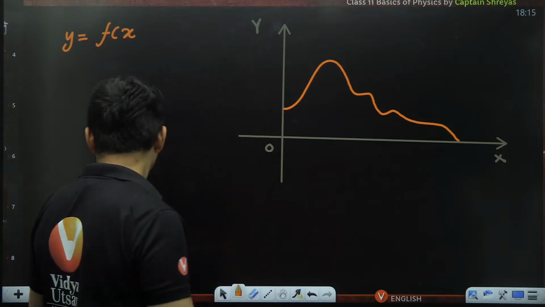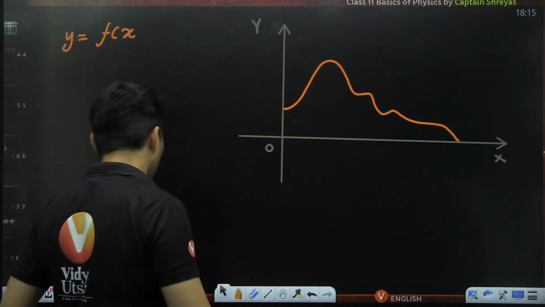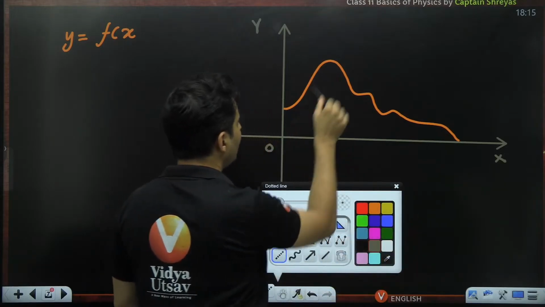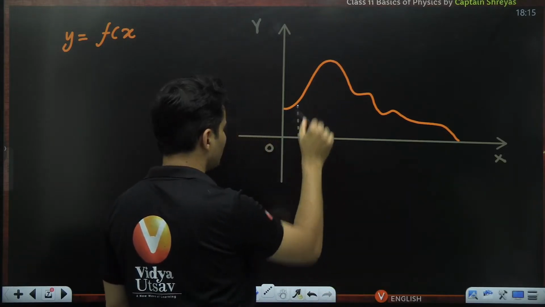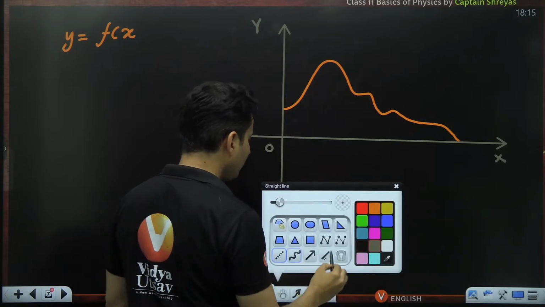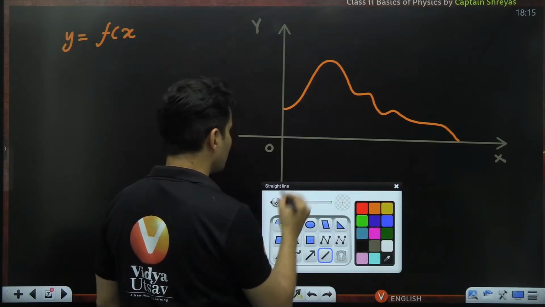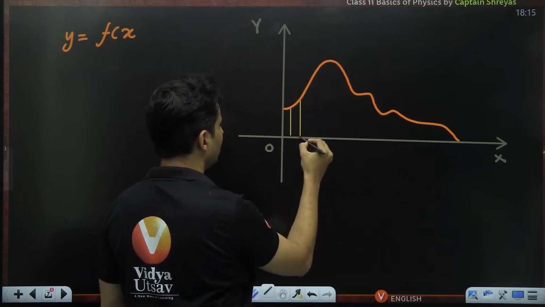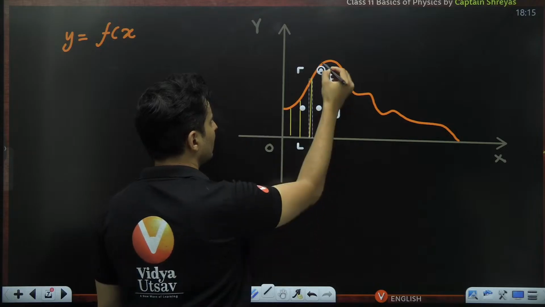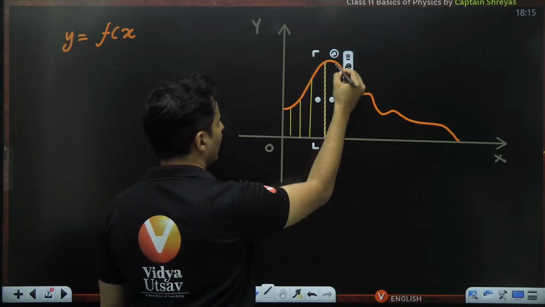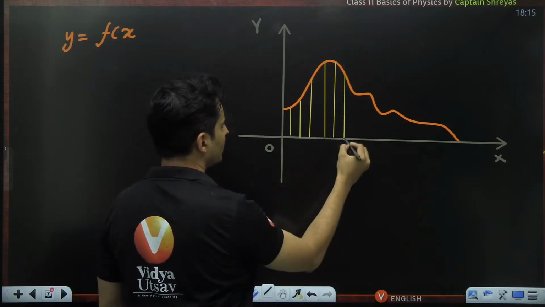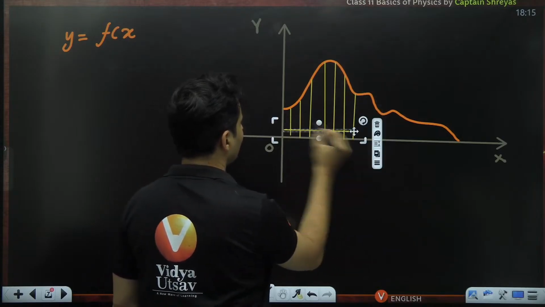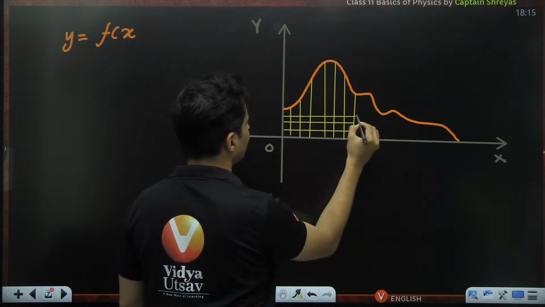Because now, one option with us is using our old school method where I make small blocks over here by drawing many lines like this, and then I also draw horizontal lines.